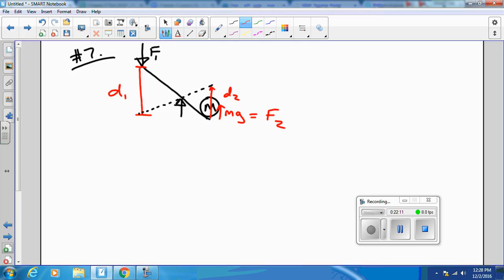And so what I claim is that because the rock starts with 0 energy, it's not moving, and it ends up with 0 energy, also not moving, the total amount of work done by force F1 has to cancel out the total amount of work done by force F2. So we can express it like this.